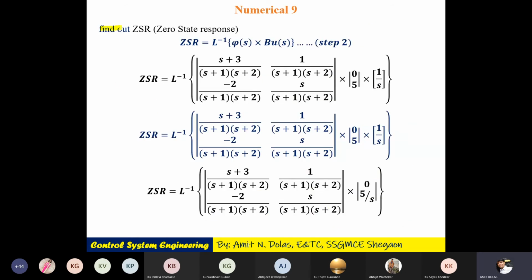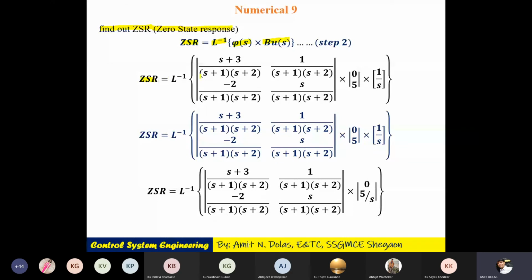Now next is find out zero state response. ZIR हो गया, अभी ZSR. So what is ZSR? ZSR is Laplace inverse of phi s. Phi s is nothing but sI minus A inverse, जो हम already निकाल चुके हैं, into B U of s.